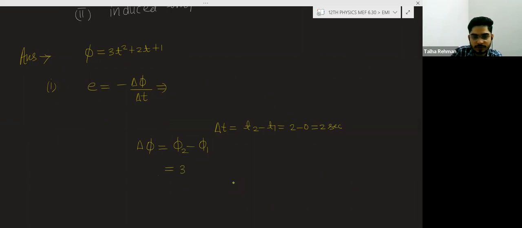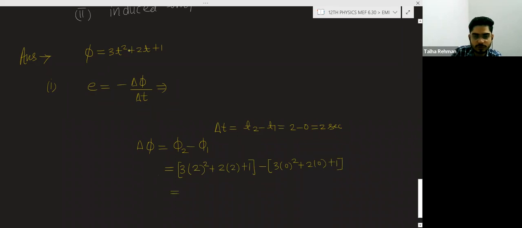So this will become 3 into 2 square plus 2 into 2 plus 1, minus phi 1. For phi 1 we put t is equal to 0 in this equation. So t equal to 0 means 3 into 0 square plus 2 into 0 plus 1.